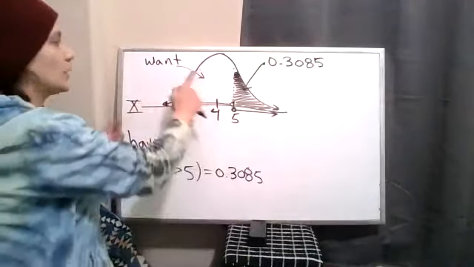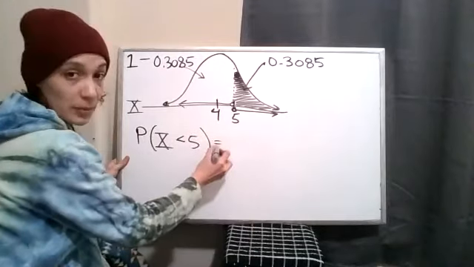So we want to do 1 subtract 0.3085. Okay, so we're taking our problem. We're looking for the probability that x is less than 5. Use the complement rule.